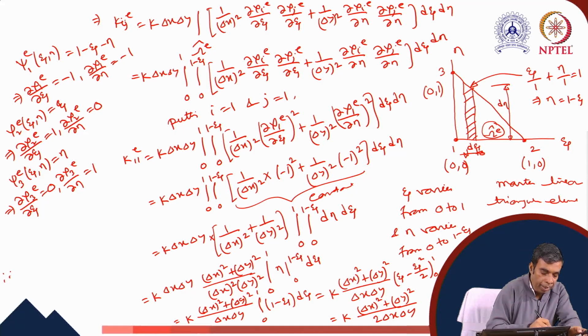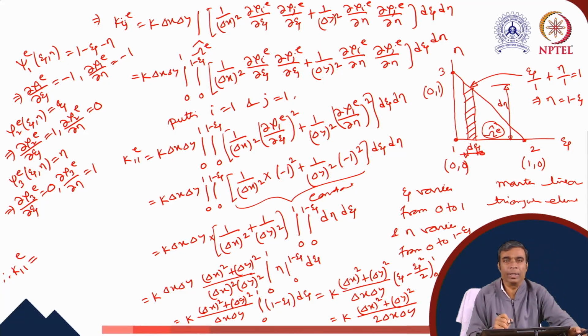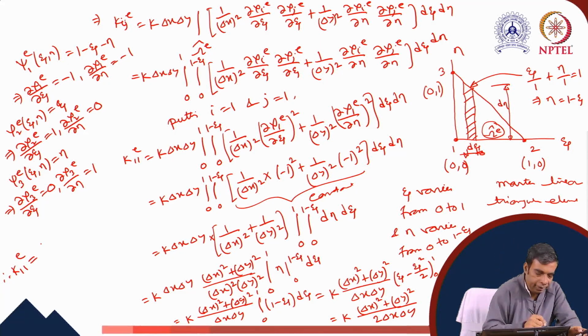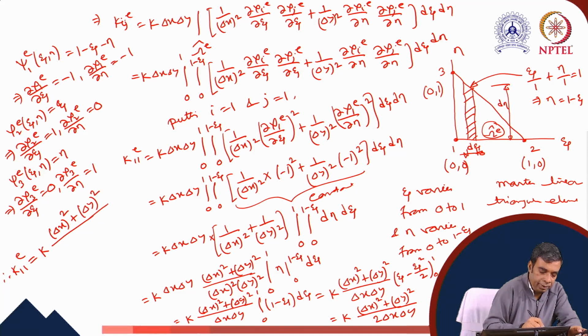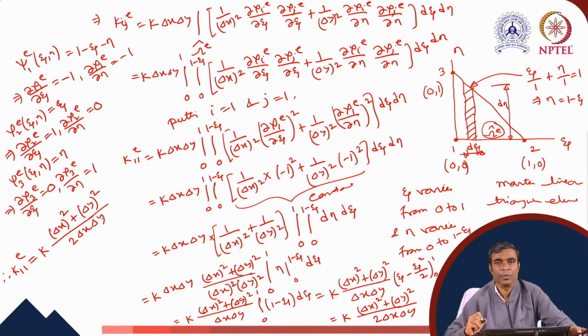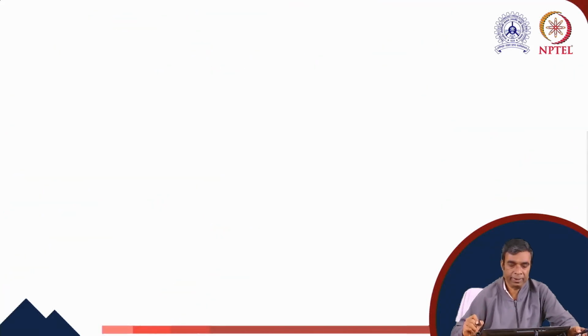So we finally obtain K11e for the linear triangular element with local node 1 having the right angle as k [(Δx)² + (Δy)²] / (2 Δx Δy). Similarly, we can calculate the other diagonal terms of this matrix.